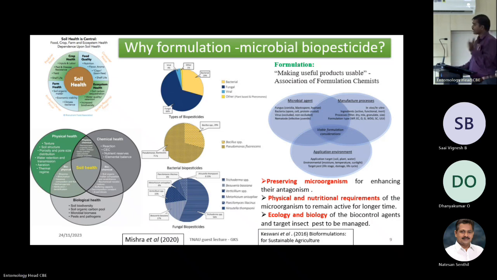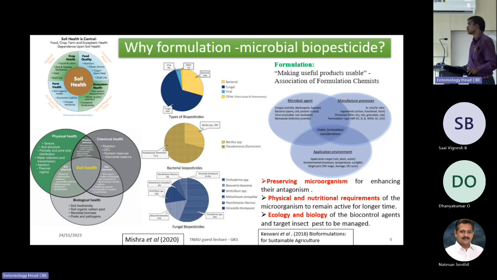Second, while storing microbial formulations, the microbial biocontrol agents are live or almost dormant. For example, conidia of Metarhizium, Beauveria or Trichoderma need some minimal nutritional requirement that has to be given, depending on the ecology and biology of the biocontrol agent.